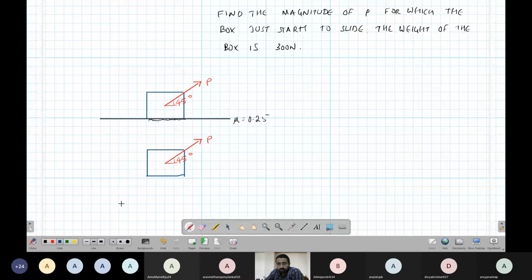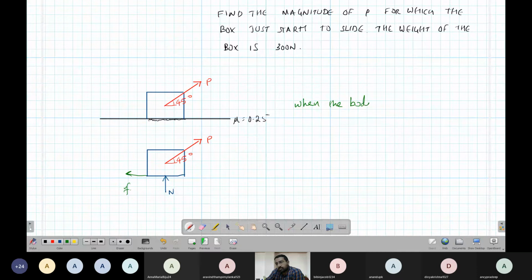We have a normal force here, or reaction force. You can call it R, or I'll call this N. We'll also have a friction force. But the box has a tendency to slide in this direction, so the friction force will be in the opposite direction.